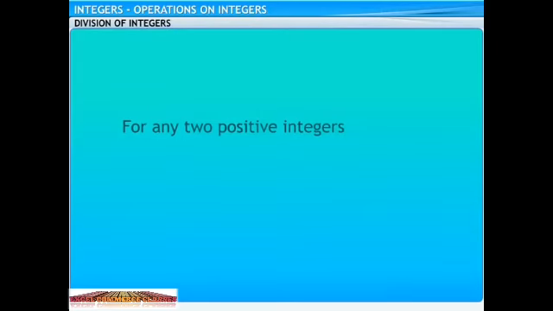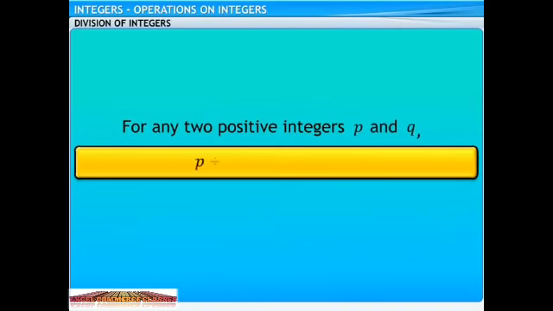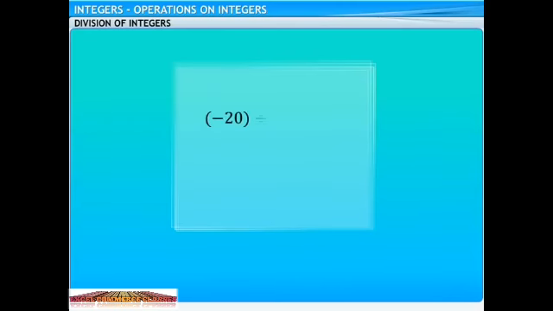So in general, for any two positive integers, p and q, p divided by minus q is equal to minus p divided by q, where q is not equal to 0. Now, observe the example of a negative integer getting divided by another negative integer. Here, minus 4 times 5 gives minus 20, and minus 20 divided by minus 4 gives 5.